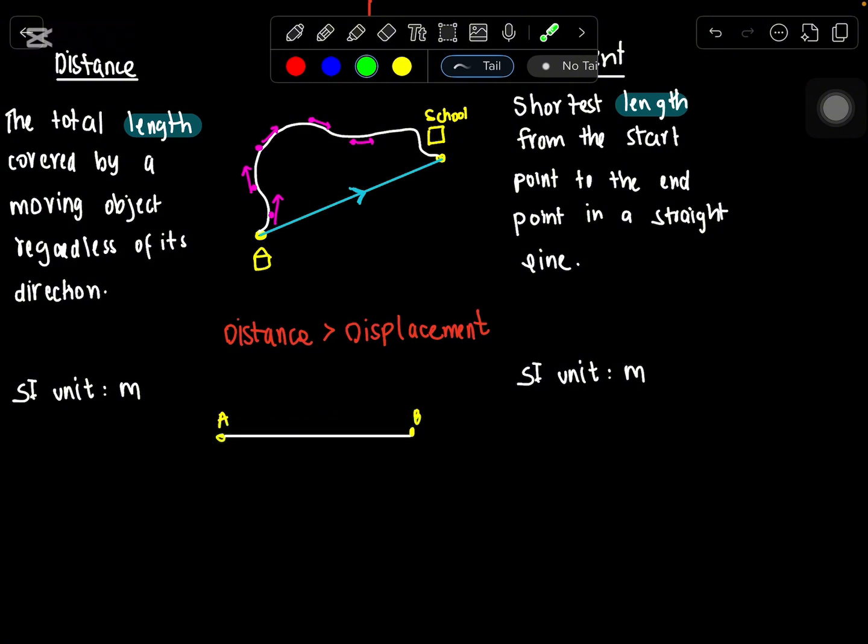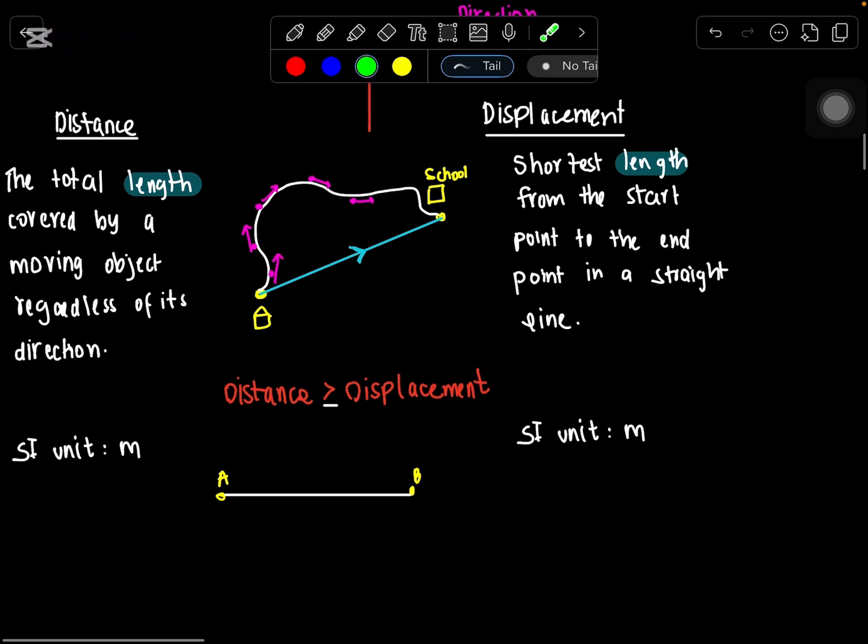So in certain situations, specifically a situation in which you have a straight path that you're covering, your distance is equal to displacement. So I'll just add a little line here at the bottom to represent that distance is either greater than or equal to displacement. Distance is never less than displacement. Okay?